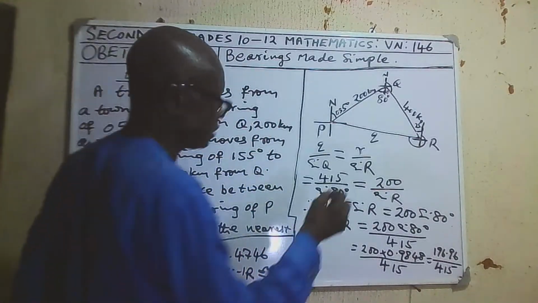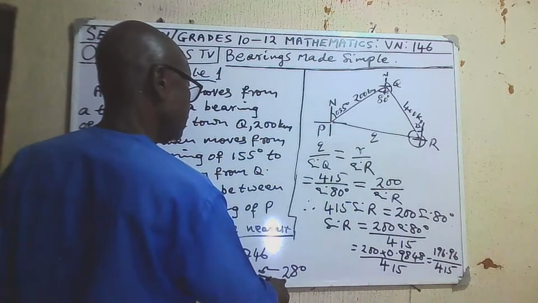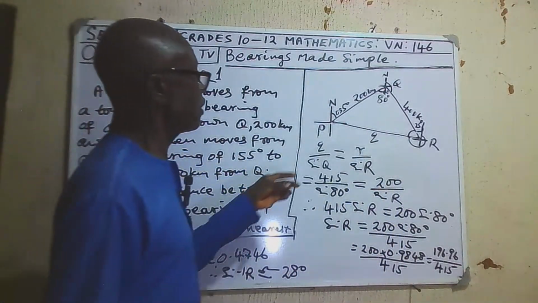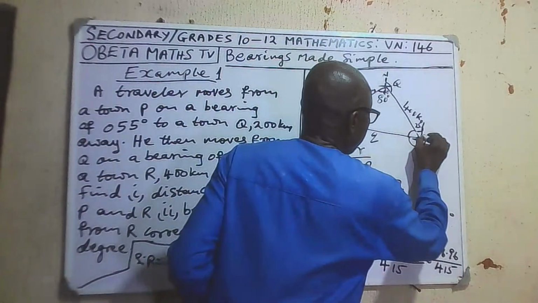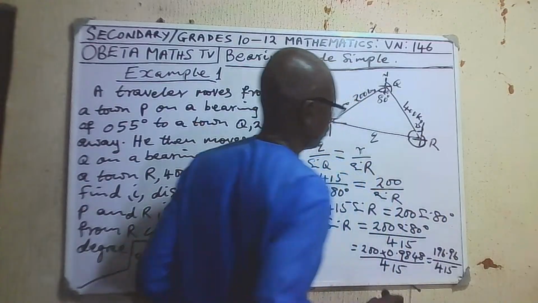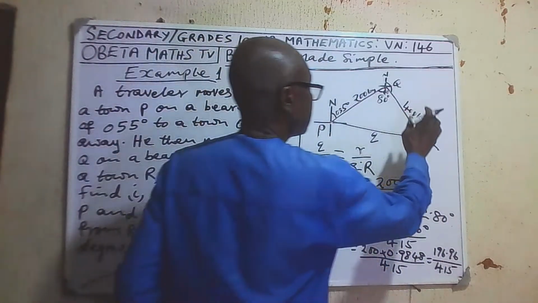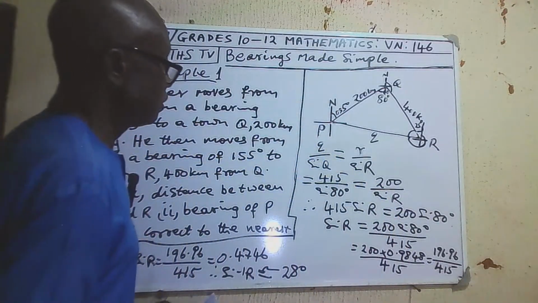So which means that the whole of this, we have calculated it to be 28 degrees. But we are looking for the bearing of P from R. That is, from here, go round to the line joining the two. So we are going to add 28 plus 25, and then we subtract from 360.